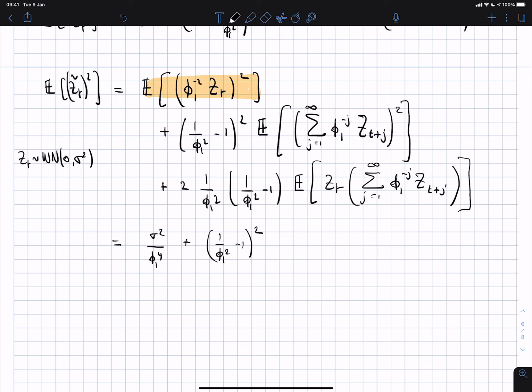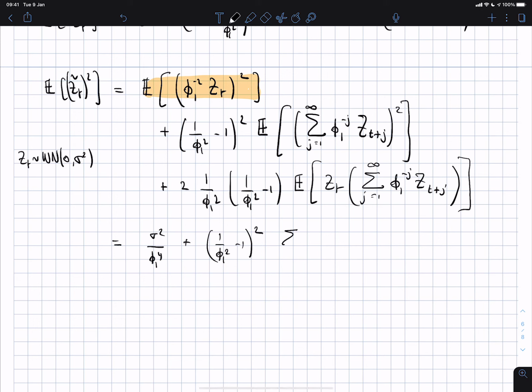And this gives me what? Well, only because z_t is white noise, only the squares will count. All the cross products will have a 0 correlation. And again, I'm cheating by switching limits and integrals thanks to the proposition in chapter 2.